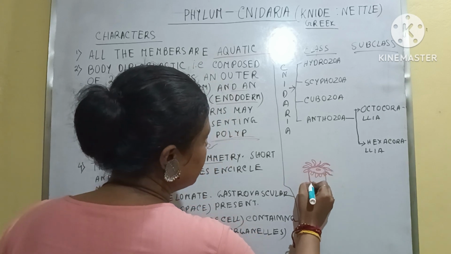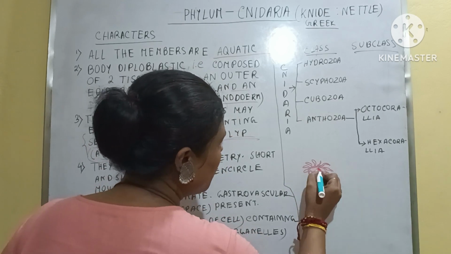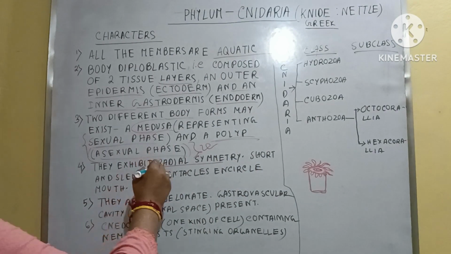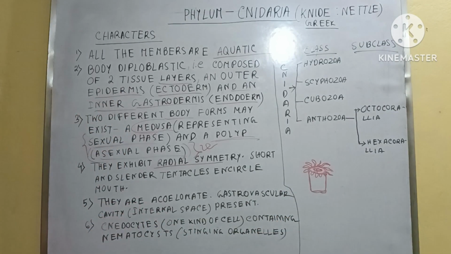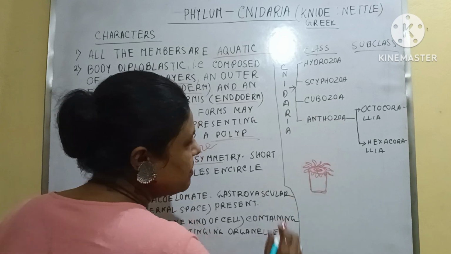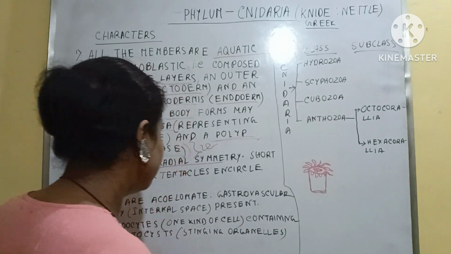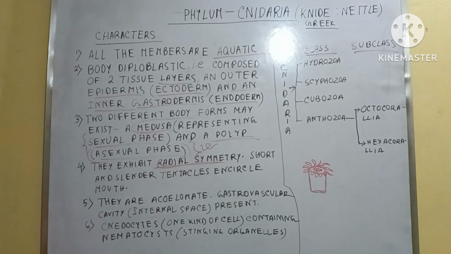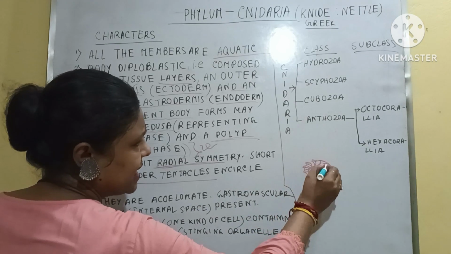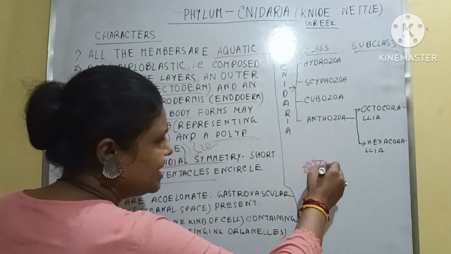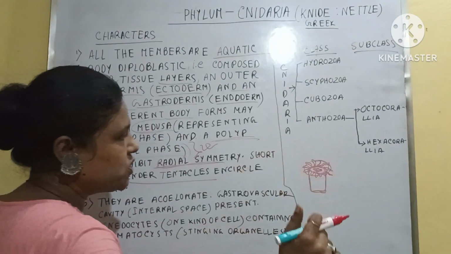This is the gastrovascular cavity, with only one opening, the mouth. There is no anus. Clear? So radial symmetry means that if you cut the body in any part, you can see the same type of structure. The short and slender tentacles encircle the mouth, and these tentacles help them to capture the prey.